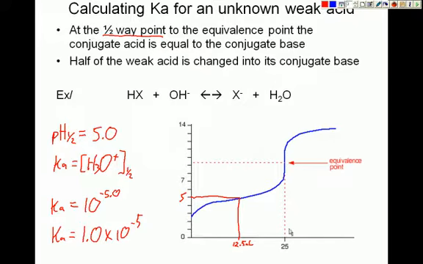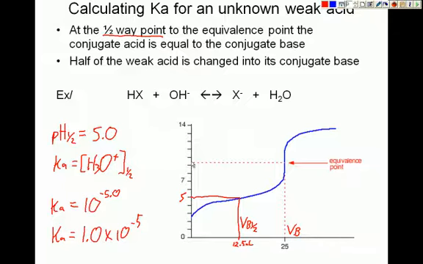So again, if 25 milliliters is the VB, or in other words, the volume of the base added, then 12.5 milliliters is the volume of the base added halfway.